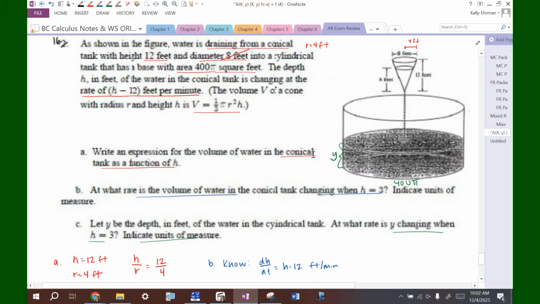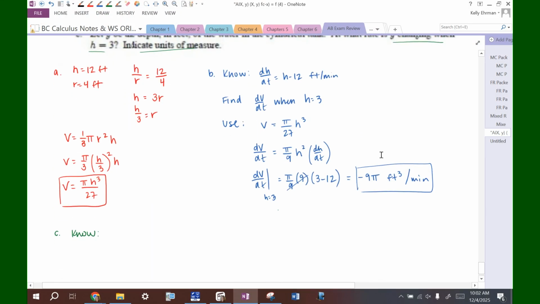But what have they given me? Really, I have to use my answer from the previous part. Remember, I do actually know dV/dt for this problem, because if the cone is draining at this rate, that's the rate at which water is entering the cylinder. So it's positive 9 pi cubic feet per minute.